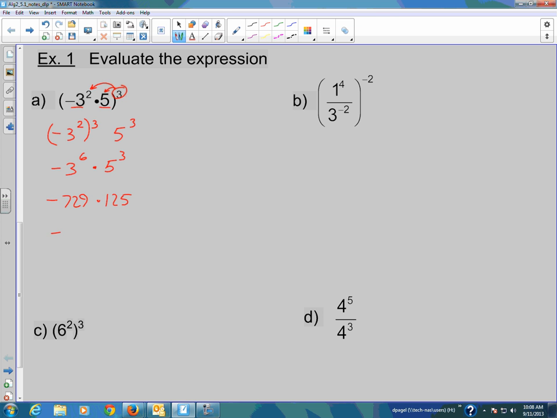This becomes negative 729 times 125. Negative 91,125.